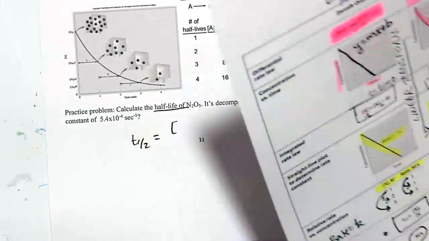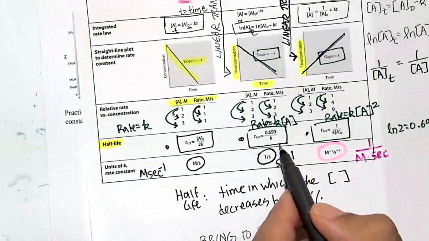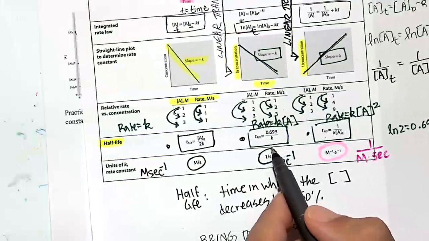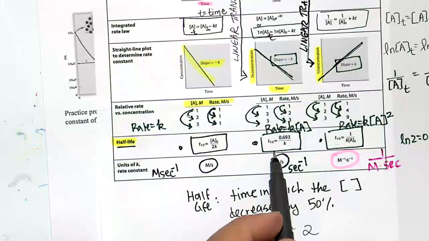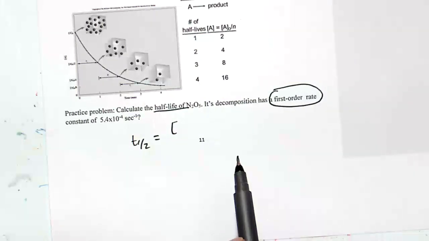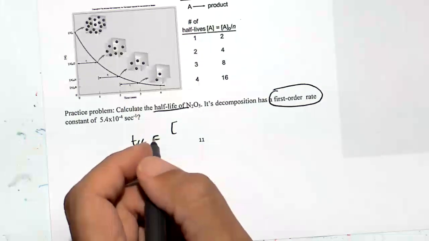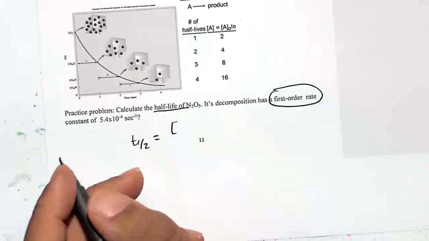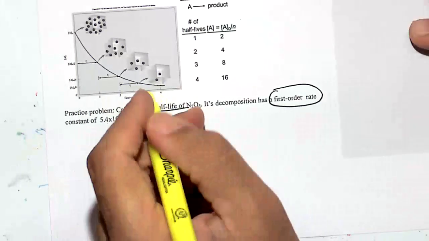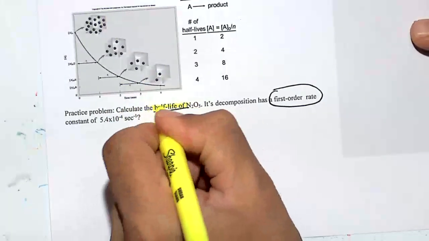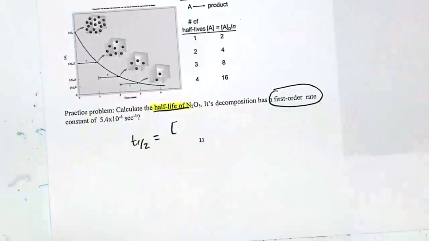The equation for the half-life for first order is 0.693 divided by K. That's the equation you'll use. Also, 0.693 is the same thing as the natural log of 2. The question is asking for half-life, which is a time in which 50% of the material is decayed or gone or reacted.